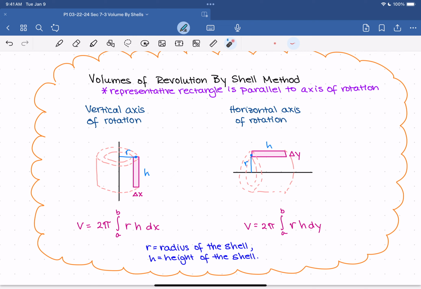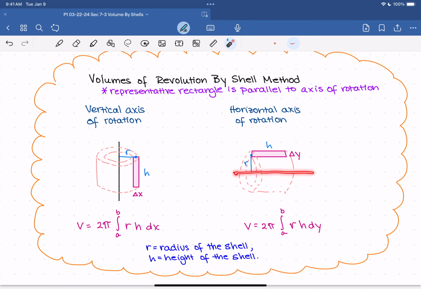And remember, this time, the representative rectangle is parallel to the axis of rotation. So if it's parallel and your axis of rotation goes vertical, then the representative rectangle will also go vertical. This is where you would measure the radius, the distance from the axis of rotation to the rectangle, and the length of the rectangle would be your height.